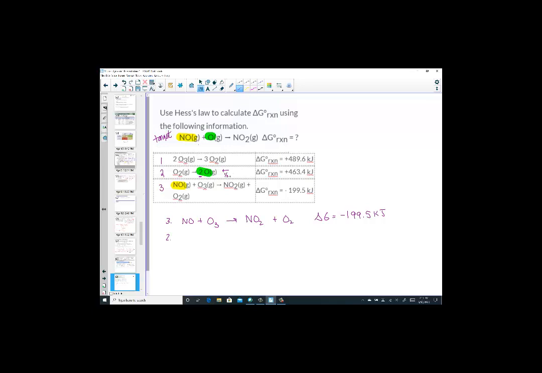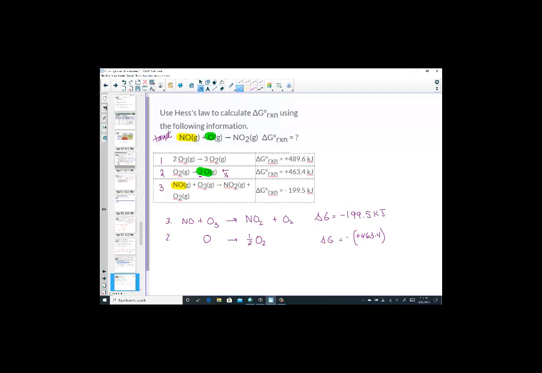Let's do that and rewrite the equation. So I'm going to reverse the reaction, cutting it in half. So 1 mole of the atom oxygen forming a 1/2 mole of molecular oxygen. I reversed it and cut both coefficients in half. Now, delta G over here was originally 463.4.